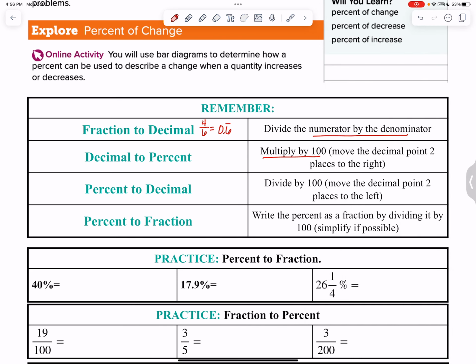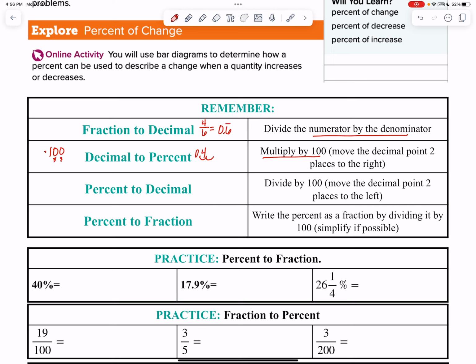Okay, decimal to percent. So let's say I have 0.4 as a decimal, and I need to change it to a percent. Well, it says multiply by 100. And multiplying by 100, you would swoop 2 spots, because times 100, there's 2 zeros here.